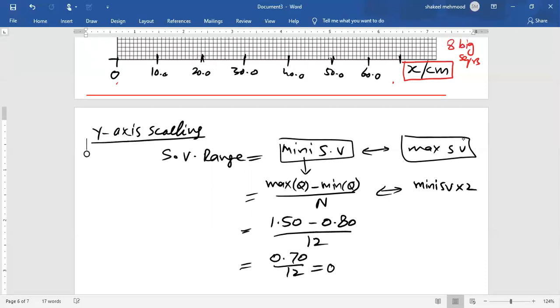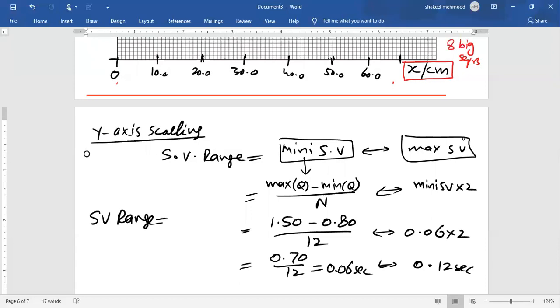And what should be the answer? 0.06, around 0.06. Okay, it's less than 6, but let's keep it 0.06. Okay, what's the maximum value? That is 0.06 into 2. So it should be 0.12 seconds. So it means your scale value range for y-axis is 0.06 seconds to 0.12 seconds.